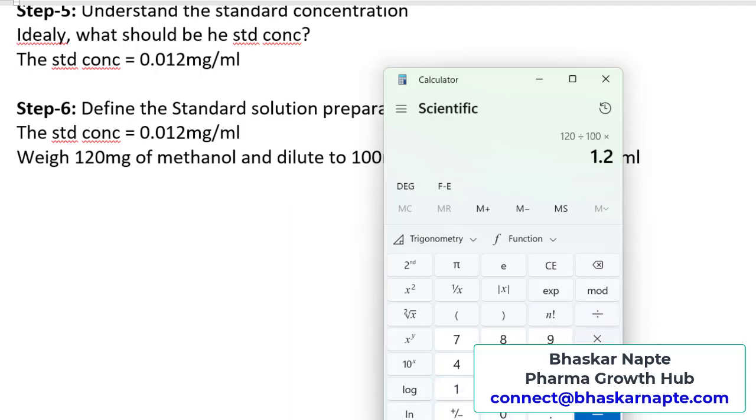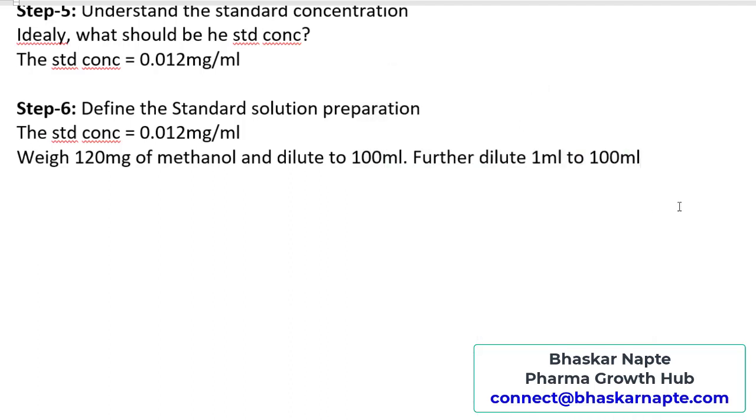You may not be able to see the dilution details, but further the 1 ml is diluted to 100 ml. And how much is the concentration in mg per ml now? 0.012, and that is what we are looking for. So we actually got 0.012 mg per ml concentration of methanol. So we are now able to define the standard preparation.